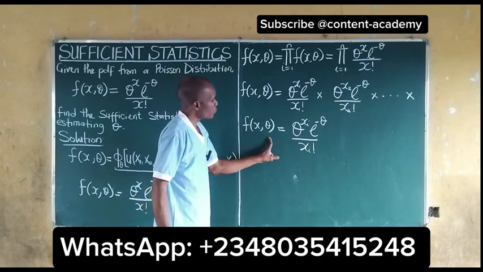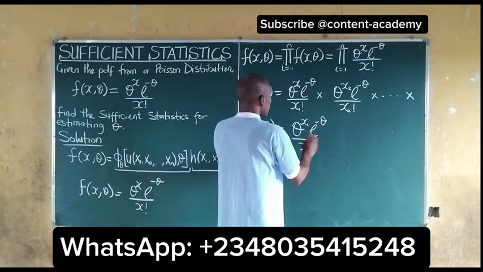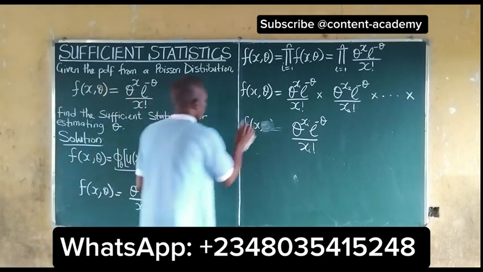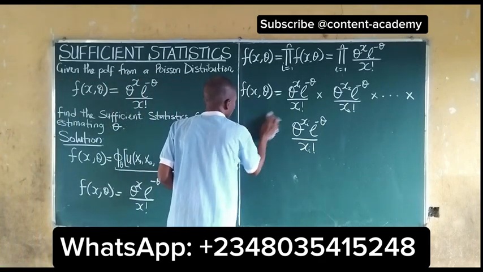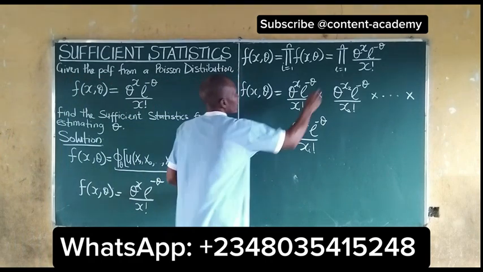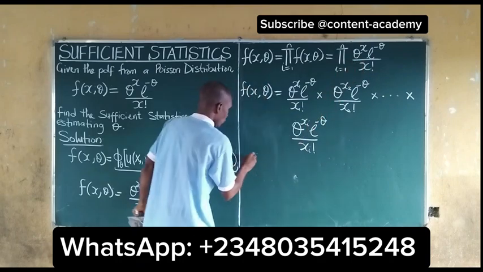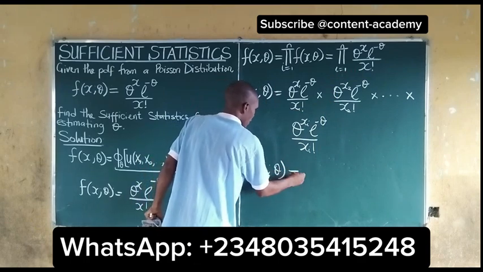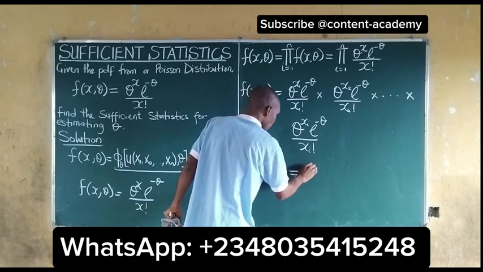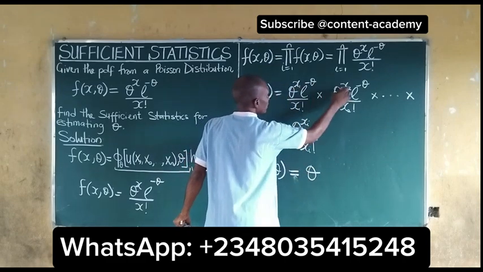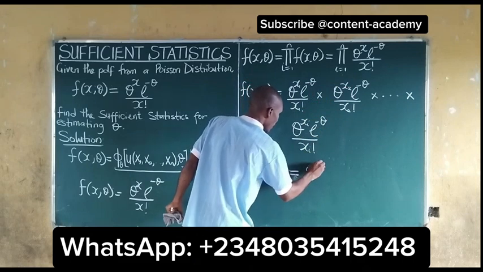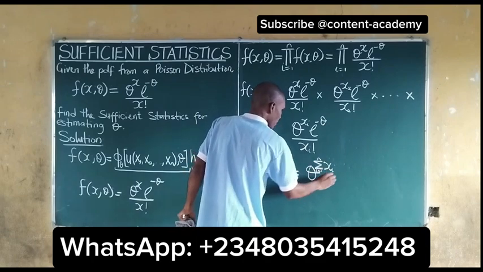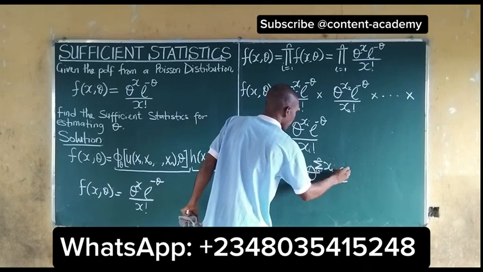This is what we get when we take the product of the Poisson distribution. So we can finally write what we get after taking the product to be theta raised to the power of the summation of xi as i ranges from 1 to n, multiplied by exponential negative.